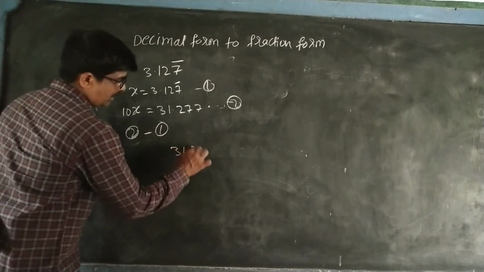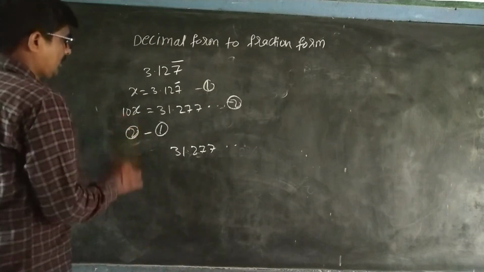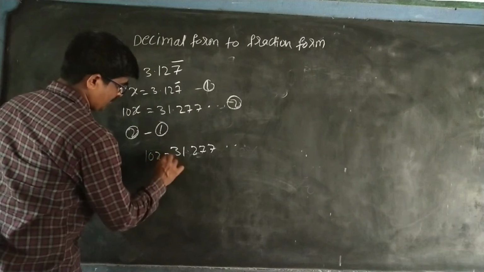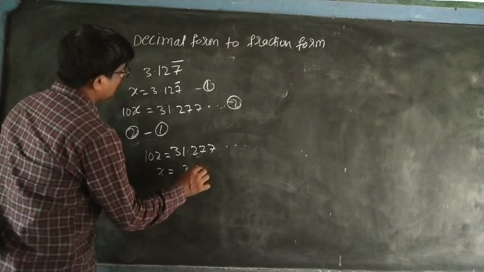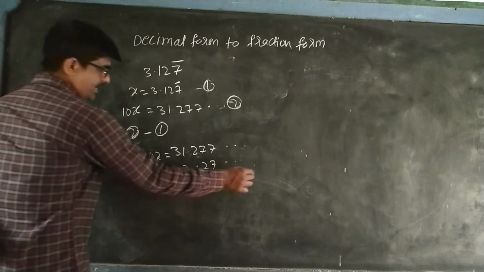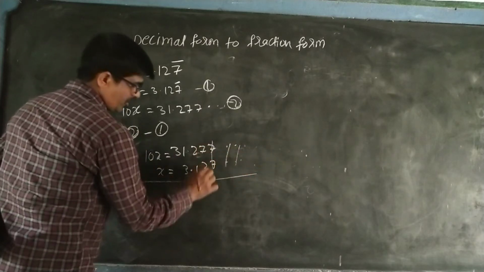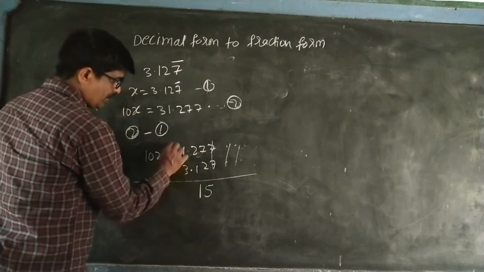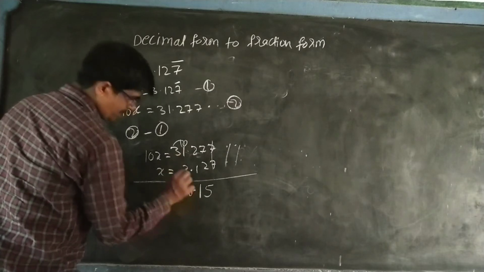Equation 2 minus equation 1: 10x is 31.2777 and so on, and x is 3.1277 continuously going. The 7s get cancelled. 7 minus 2 is 5, 2 minus 1 is 1, then borrow, 11 minus 3 is 8, and 2.